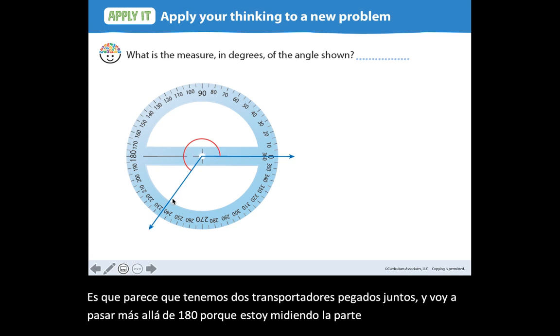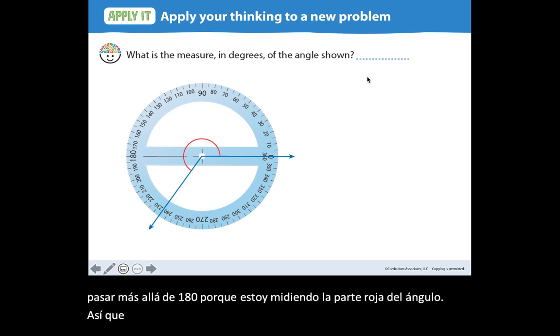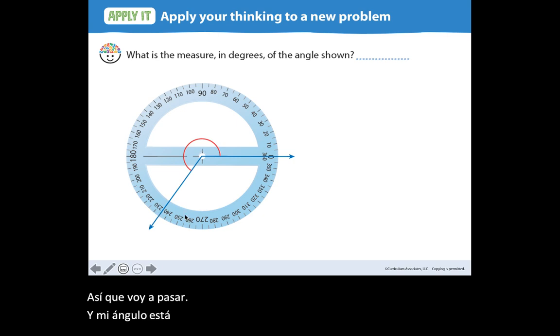And so I'm going to go past, and my angle is in between 230 and 240. So it is 235 degrees.